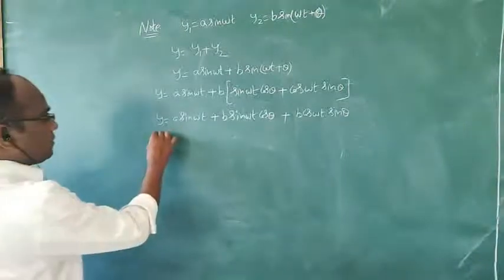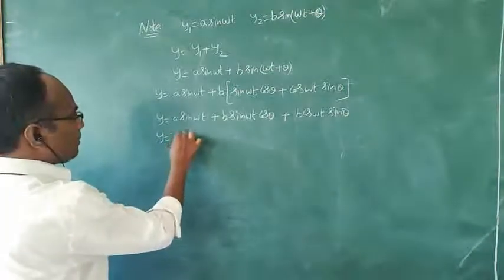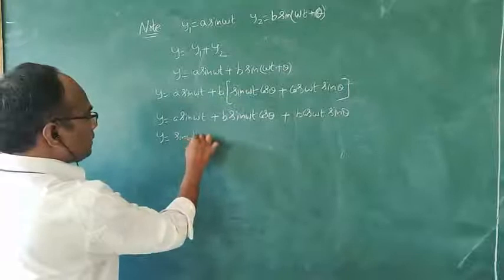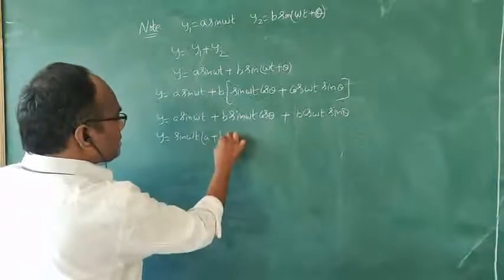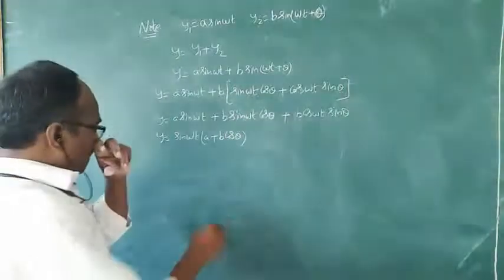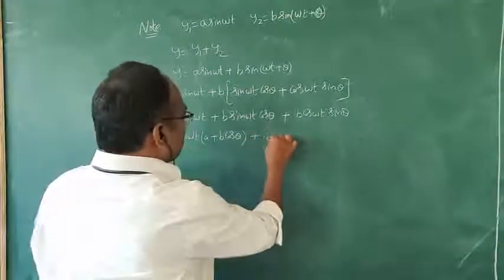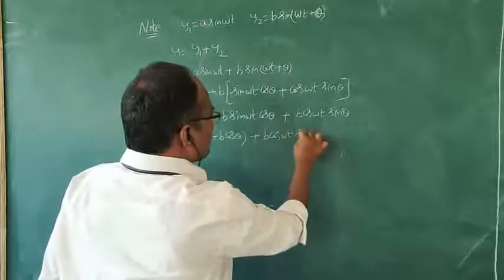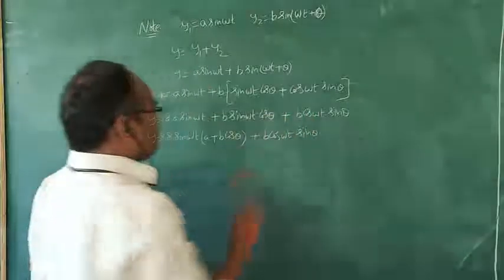From here, y is equal to sin omega t into a plus b cos theta, plus b cos omega t sin theta.